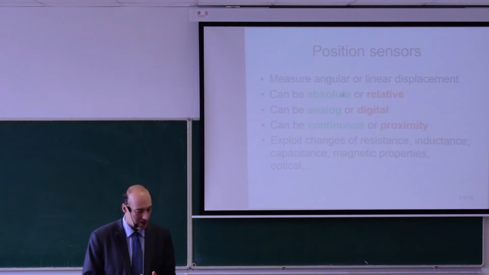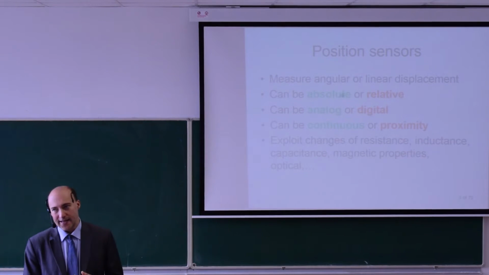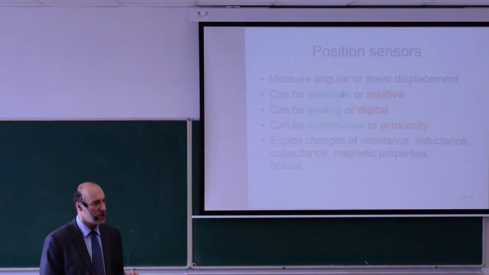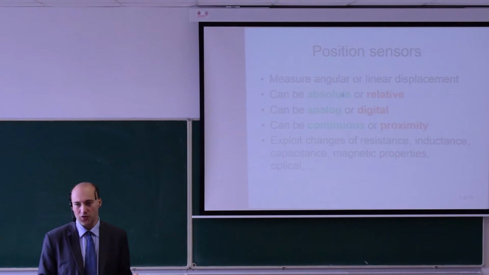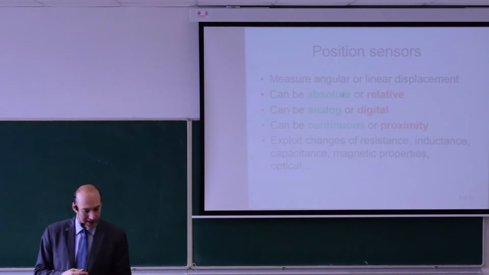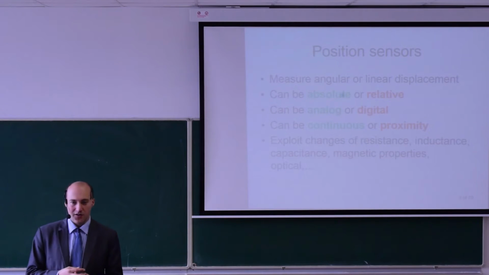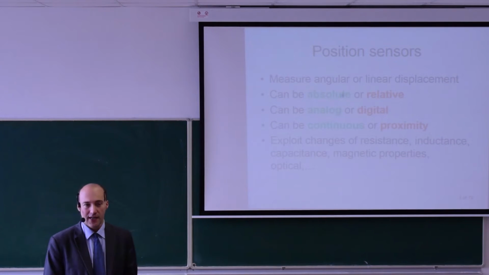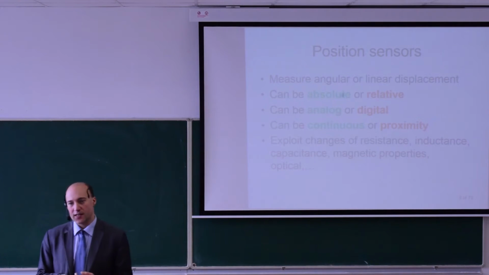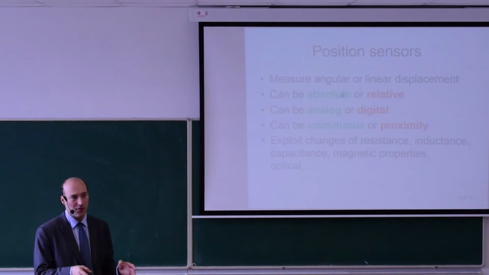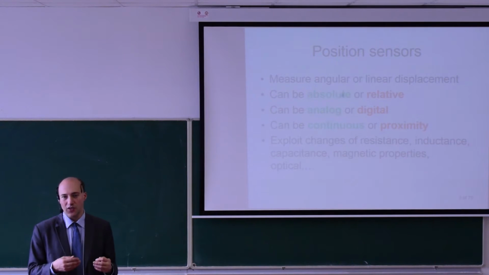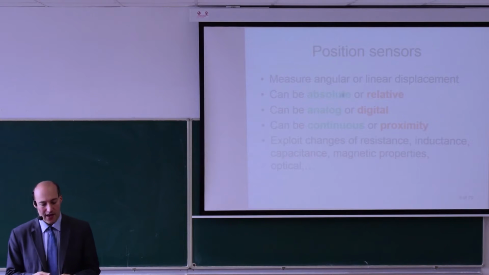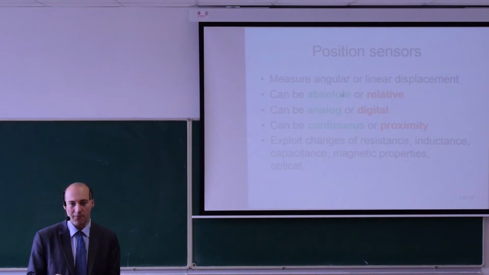Continuous sensors are typically more expensive, so they are not good in applications where you need hundreds of those sensors. Proximity sensors are typically used in manufacturing lines, for example. If you want to detect a product on the manufacturing line, you just need to see if the object is there and if I can pack it, for example, in a box.